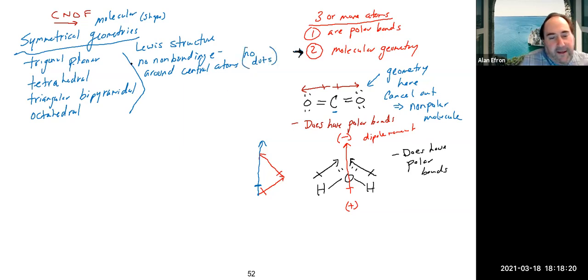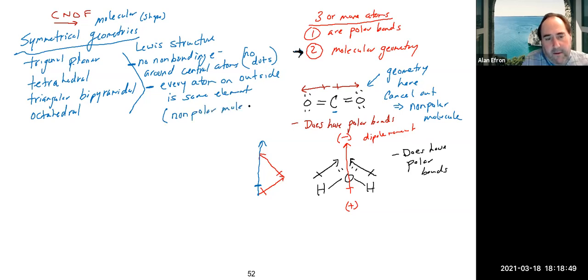And the other thing is, if you have that situation where you draw a Lewis structure, with no non-bonding electrons around the central atom, and every atom on the outside is the same element, it will most likely in every case be a nonpolar molecule.